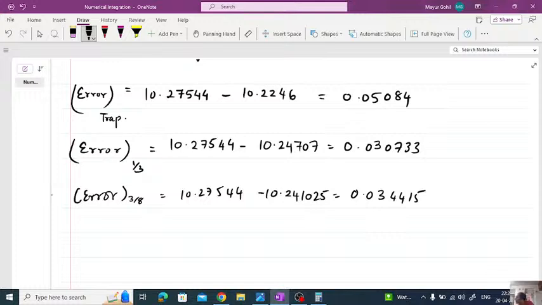Which answer are you talking about? Trapezoidal error. Mr. Thakur, which answer are you talking about? Sahil, which answer? कौन सा वाला? 0.034. It is okay. Yeah, that, I'll tell you why does this happen.